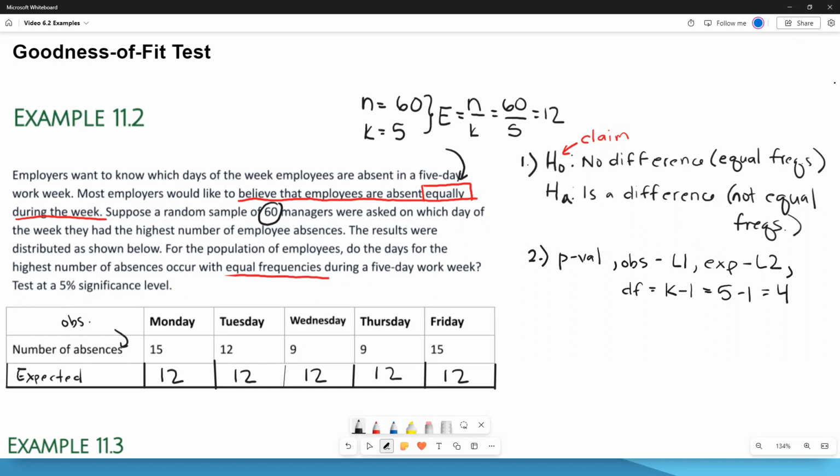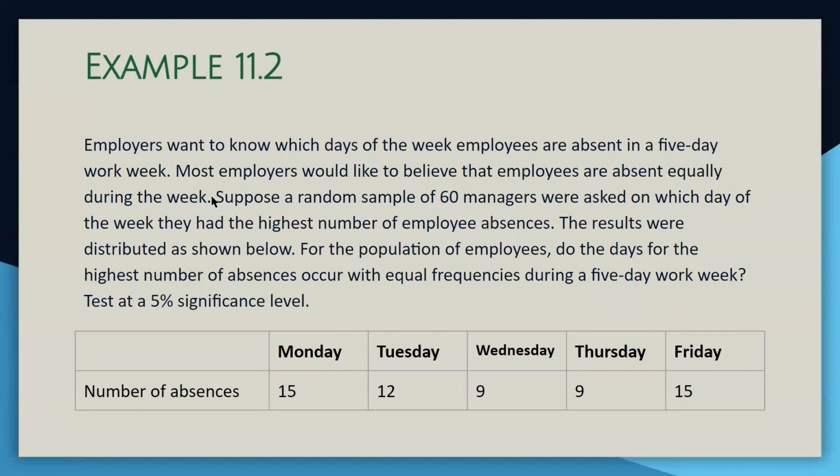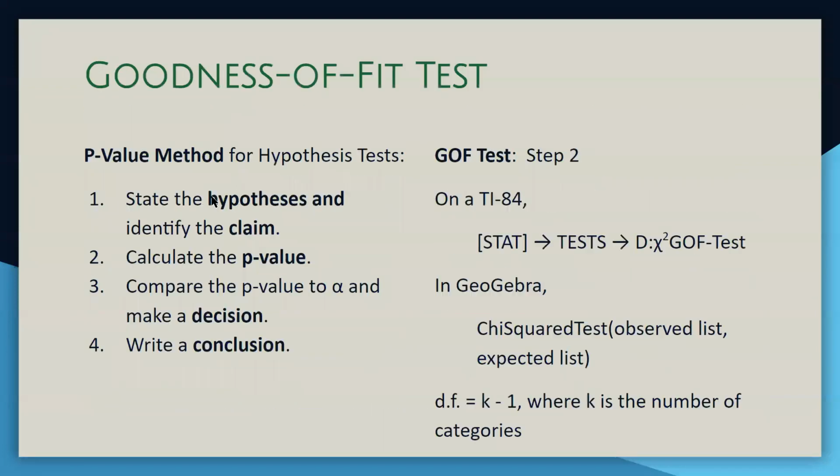So if you are in GeoGebra, you are doing, I got to pull it up because I have the memory of a squirrel, apparently. Let's go back here really quick. Chi-square test.